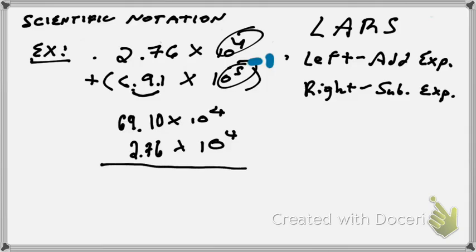And now this is much easier to add. Our base is going to be 10 to the fourth, and 69 plus 2, or we can say 69 plus 3, right, is going to be what? 69, 70, 71, 72, 73, right? And this is going to be our answer. 69, or I'm sorry, it'll be 72.